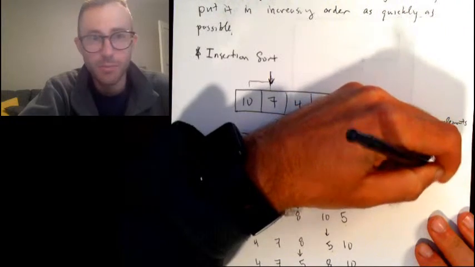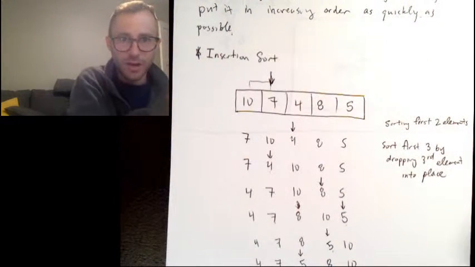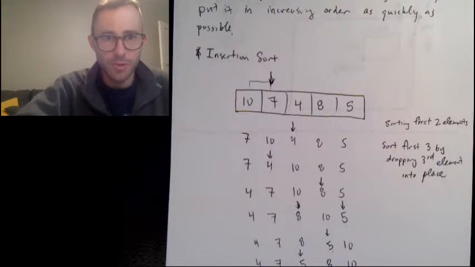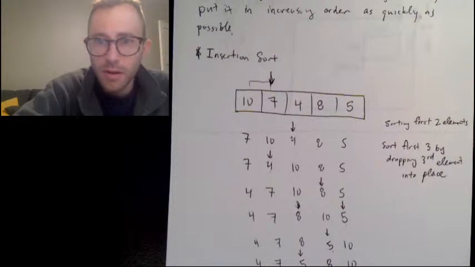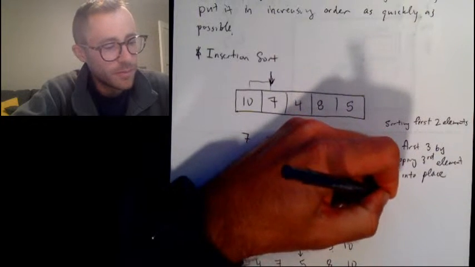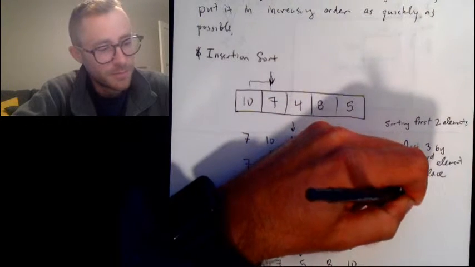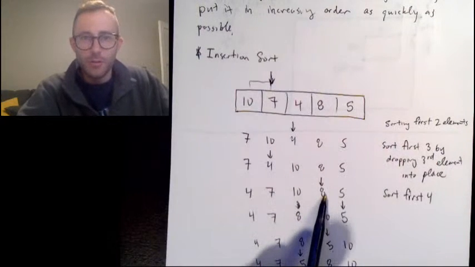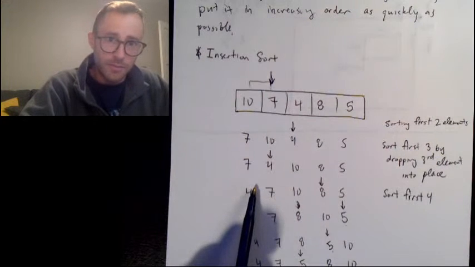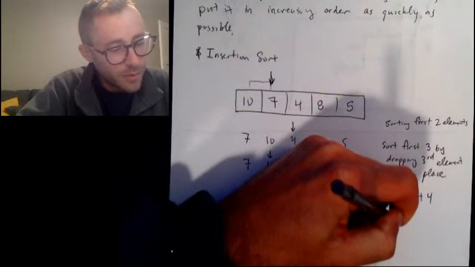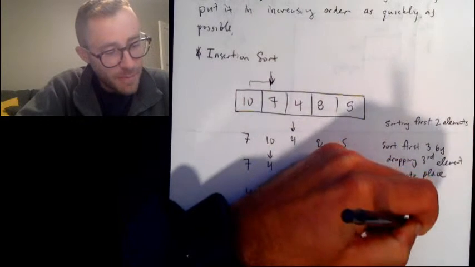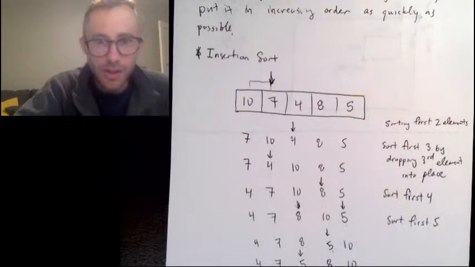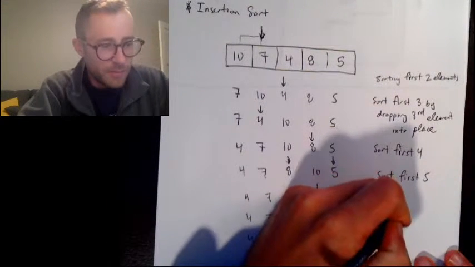We drop it into place by swapping it down the line until it falls into place. Then we sort the first 4: we take the 4th element and drop it into place. Then we sort the first 5 elements. And you just keep doing that.